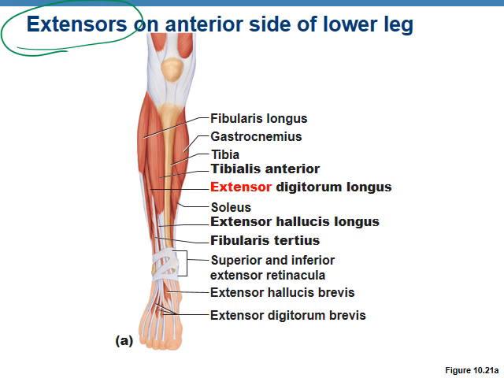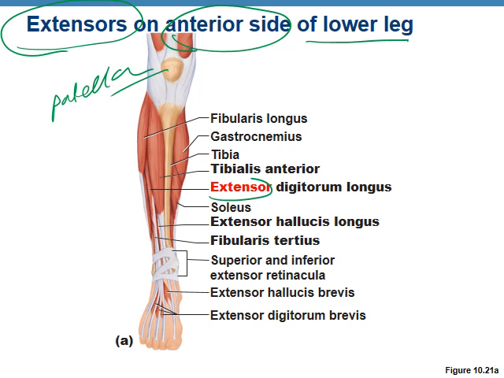So you would find extensors on the anterior side. So here's the patella. Make sure we know where we are with the figure. So on the front side or anterior side of the lower leg, we're going to find extensors. So this one, extensor digitorum longus, it's telling us it's on the anterior side. It goes into your digits or your toes, and that's a long muscle.